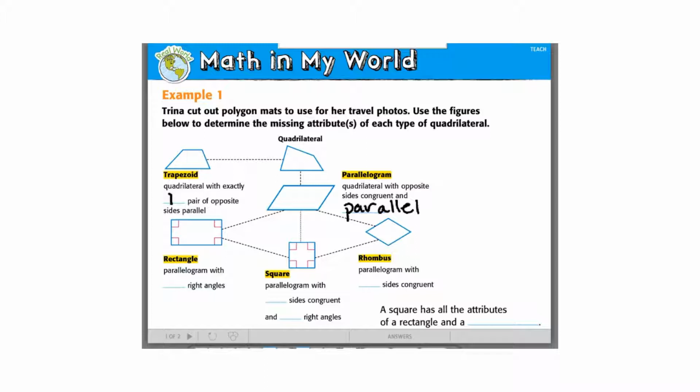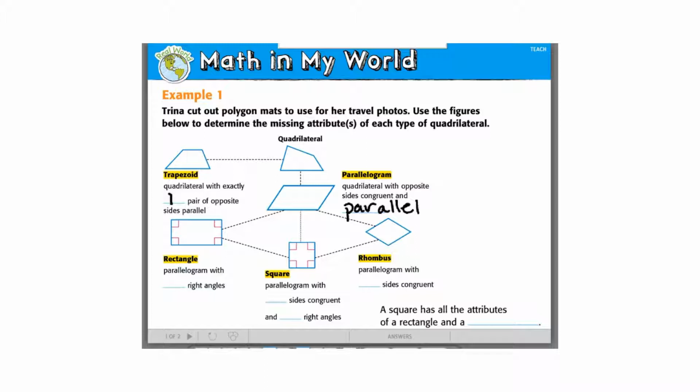It's also connected to the rhombus. All of these are connected because you can call them different things. Like, the rectangle can be called a parallelogram. A rhombus can be called a parallelogram. So they kind of are linked together in such a way.